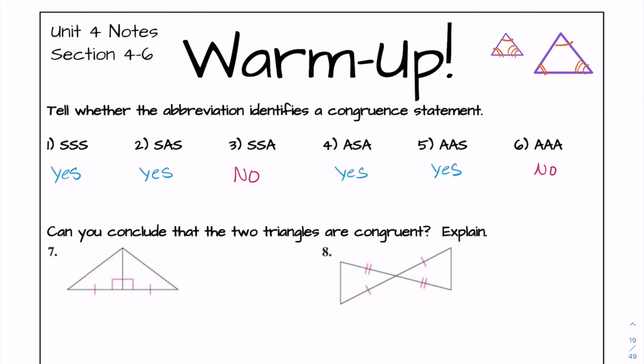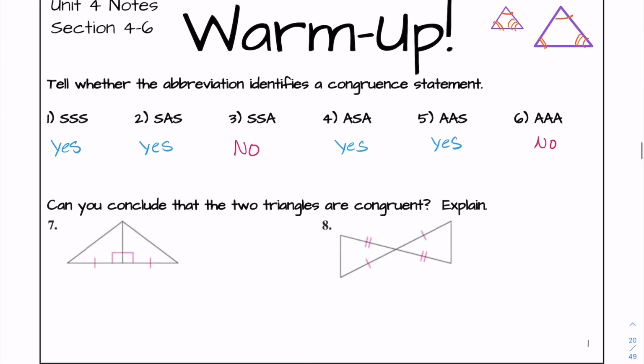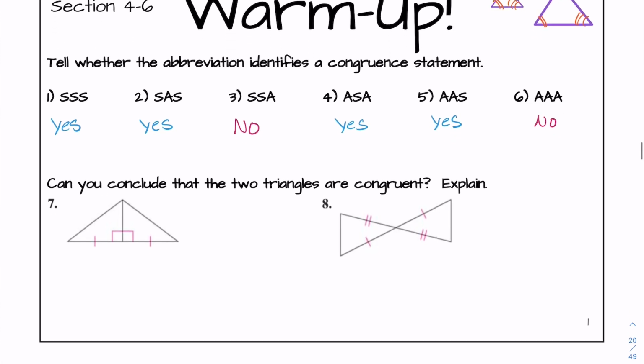Therefore, that's the reason why angle, angle, angle doesn't work. Okay? And for side, side, angle, let's take a look at the reason why it might not work. So here's a side and an angle.